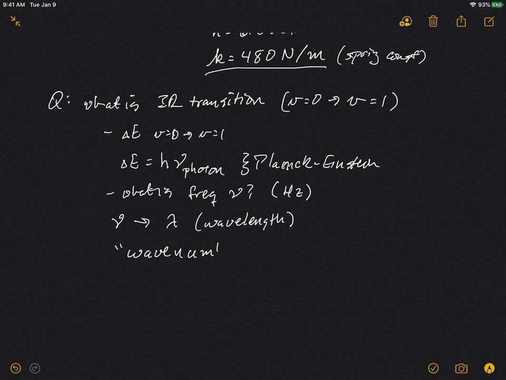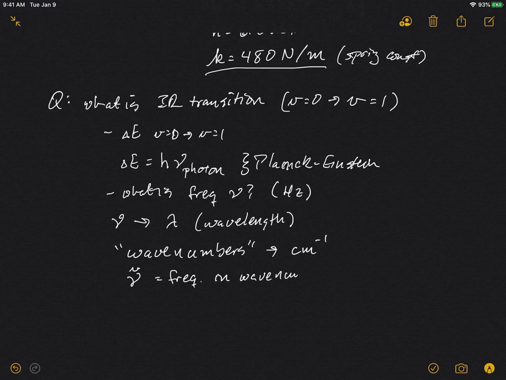So you pronounce it wave numbers, but it's actually written reciprocal centimeters. And so we'll want to turn this frequency into nu tilde, which is the frequency in wave numbers.